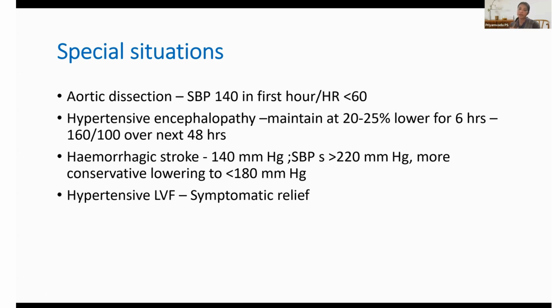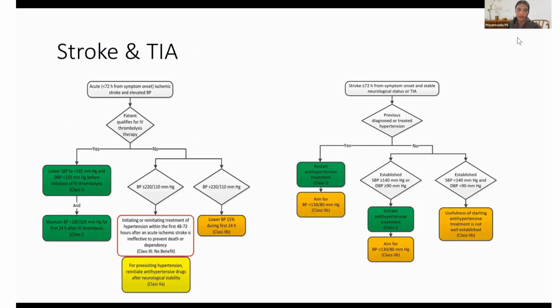And if the systolic blood pressure is very high, like more than 220, a target of 180 might be better. In hypertensive LVF, again, the broad principle is that we don't really need 20 to 25%, even lower is okay, but give more importance to the symptomatic status of the patient.